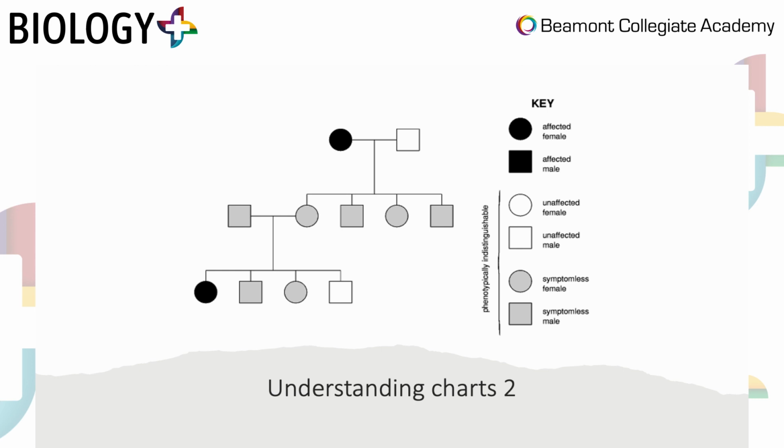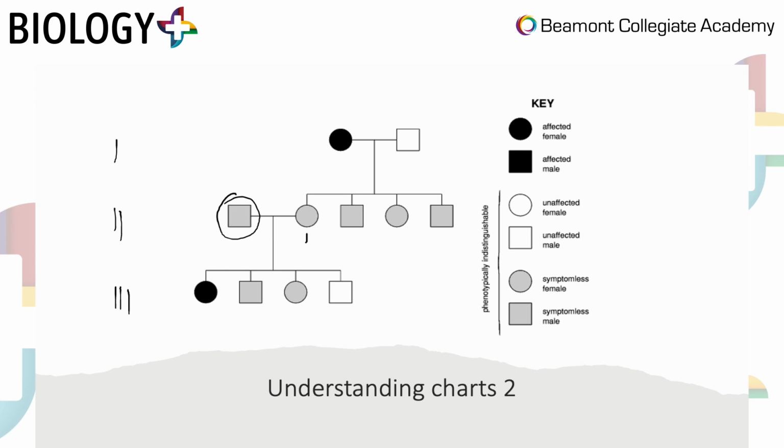Understanding charts 2. Again, we have 3 generations. The second generation shows that all offspring are symptomless. Child 1 has had children with another symptomless male.